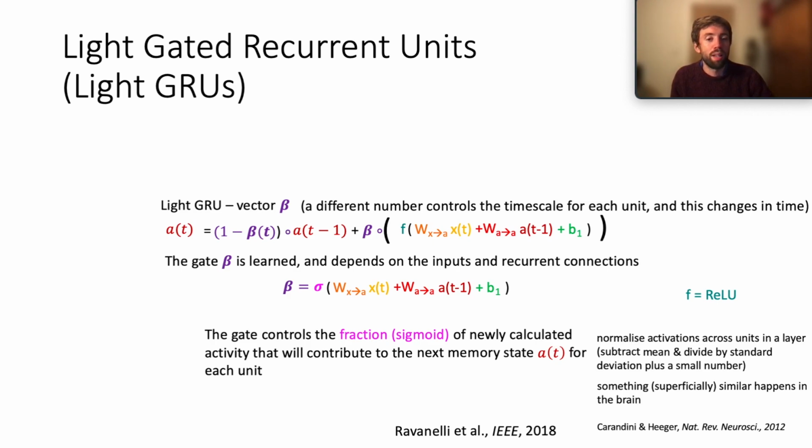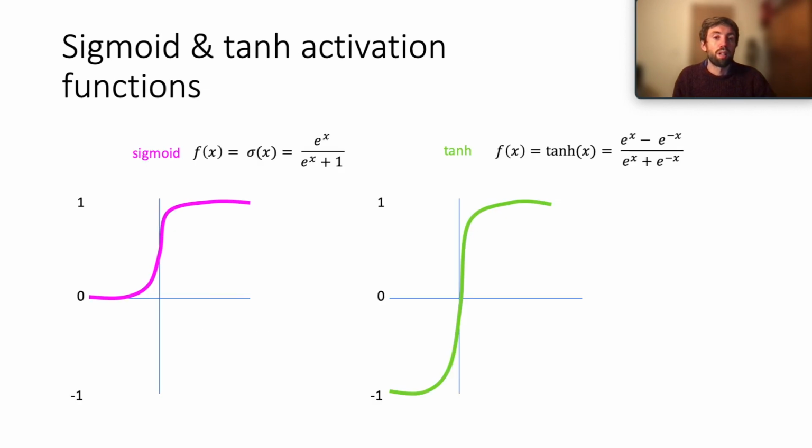In the brain, this idea is called the normalization canonical computation. It's called a canonical computation because it seems to happen in many different parts of the brain very commonly. So another activation function that is used in similar networks is the tanh, and this is very similar to the sigmoid, except instead of squishing all inputs to the 0 to 1 range, it squishes inputs to the -1 to 1 range.